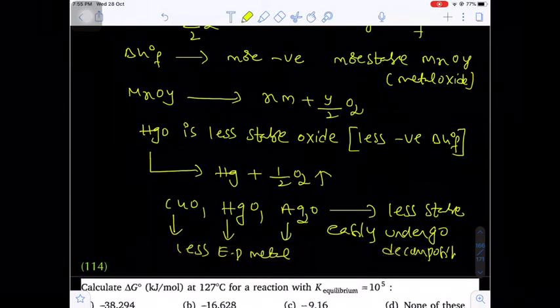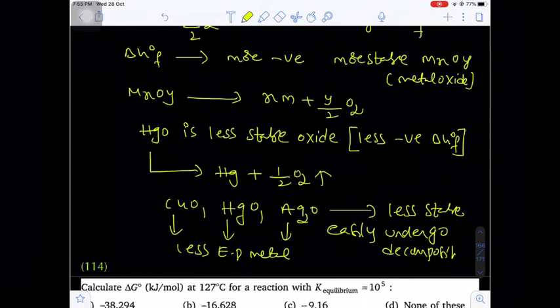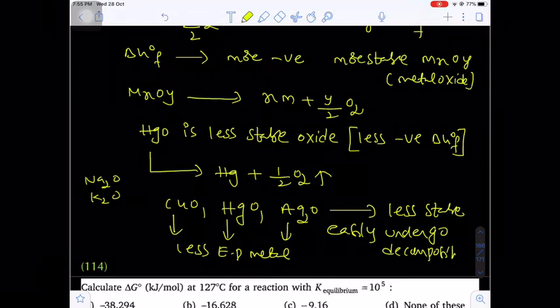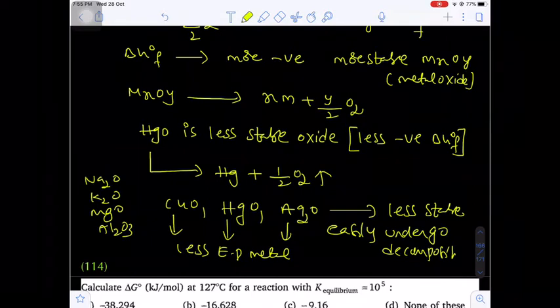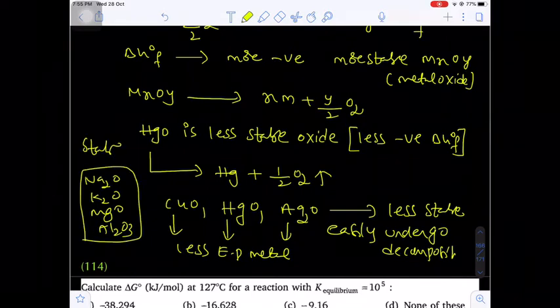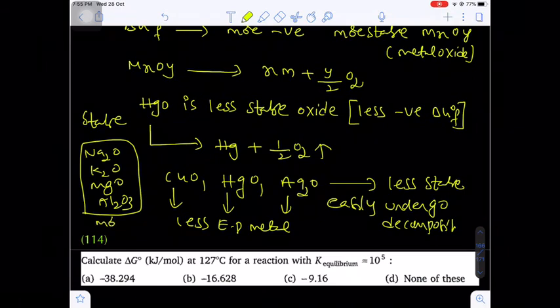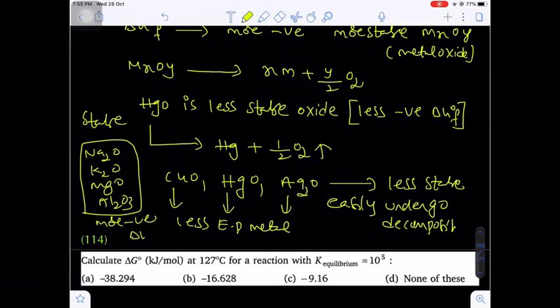Generally, if the less electropositive metals combine with oxygen to give metal oxides, they are generally less stable as compared to more electropositive metal oxides such as sodium and potassium. Suppose if you see sodium oxide, potassium oxide, magnesium oxide, aluminum oxide, these metal oxides are stable because they have more negative delta G naught f. Are you getting my point?